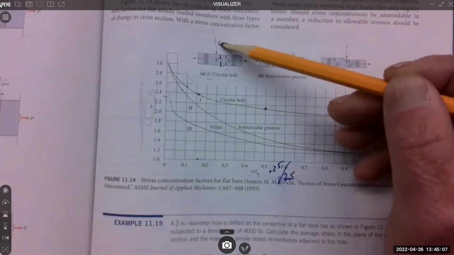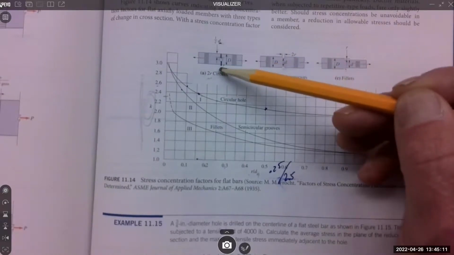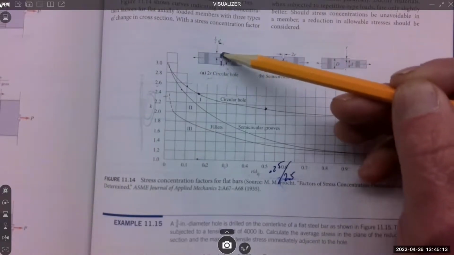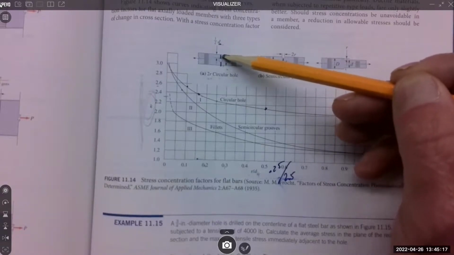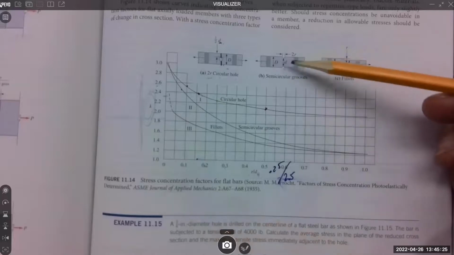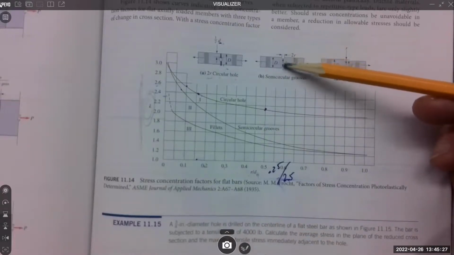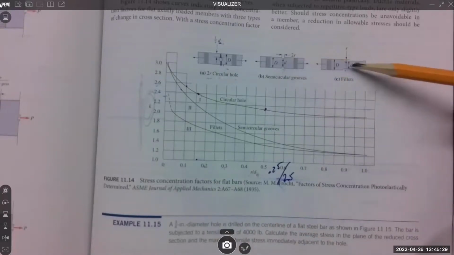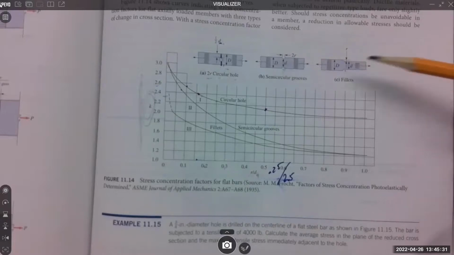Here you see half little d, and the other half is on this side. I've drawn lines showing what little d is. It's the remaining material every time. Same with this one, little d is what's left, and same with this one.